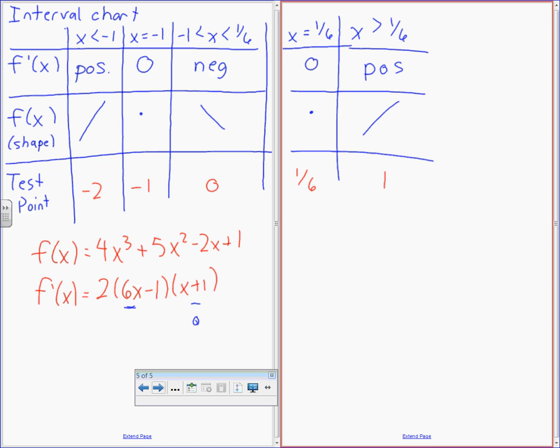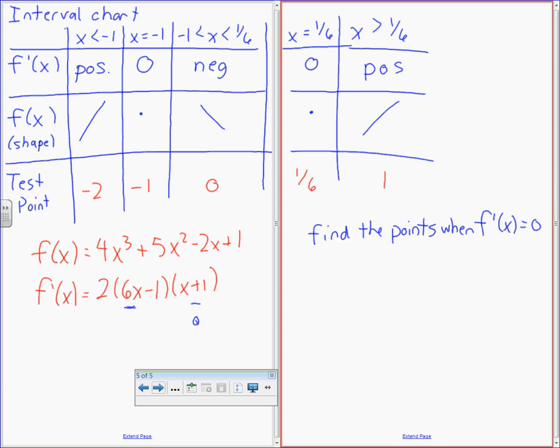Okay, I'm going to graph now f of x. To help me, I'm going to find the points when f prime of x equals 0.